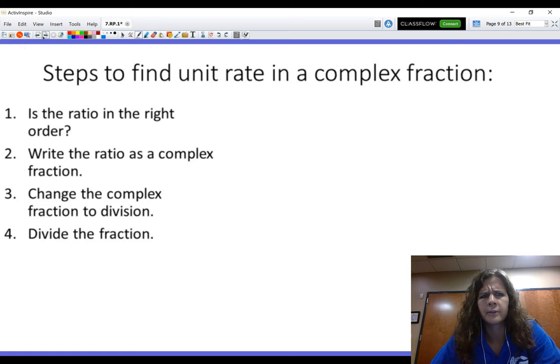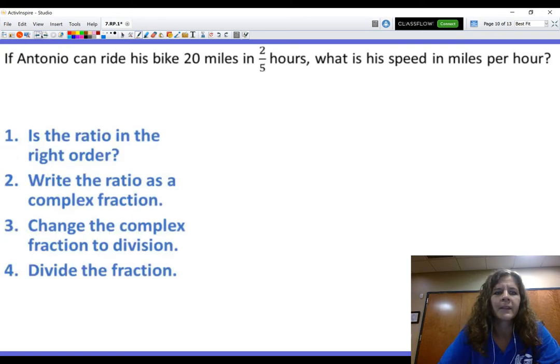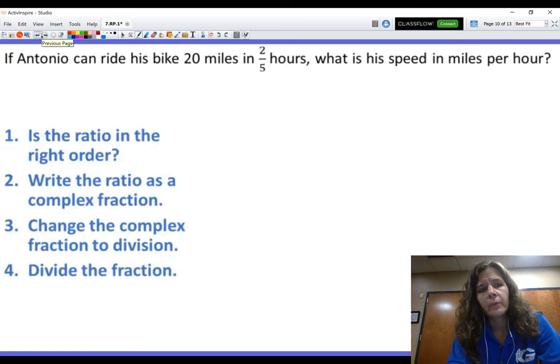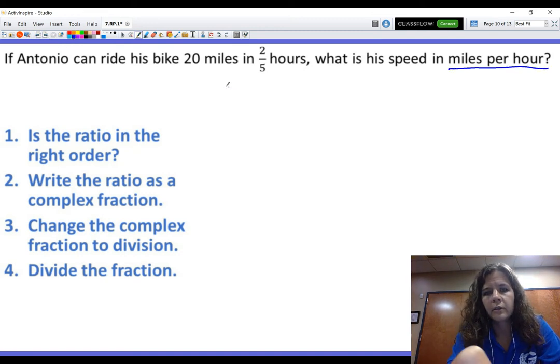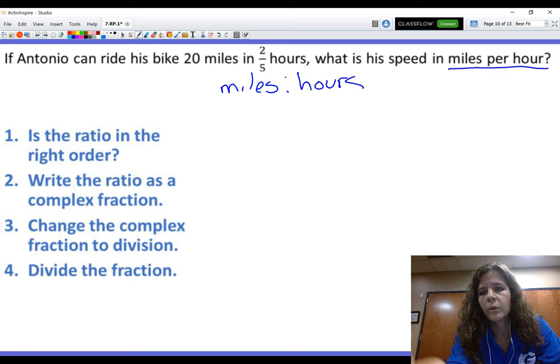Rather than just try and understand those steps as words, let's look at it. Same example. Antonio can ride his bike 20 miles in 2/5 hours. What is his speed in miles per hour? So here, we know we want miles to hours, because we want to know how many in 1 hour.